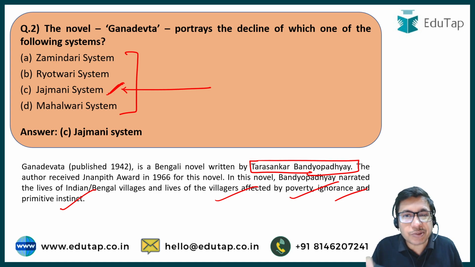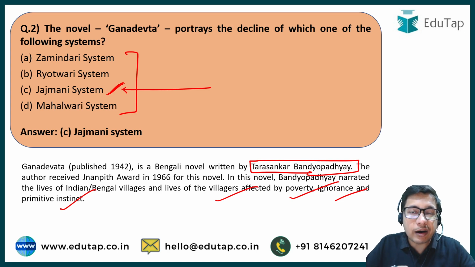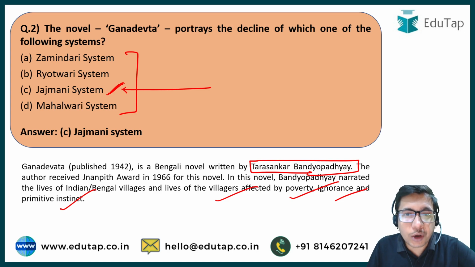So this was the Jajmani system, and it was in decline when Britishers came, because they wanted revenue and they popularized currency, which became the main mode of economic transactions. That is why the Jajmani system was declining, okay?